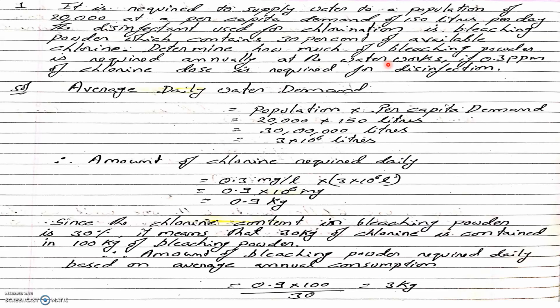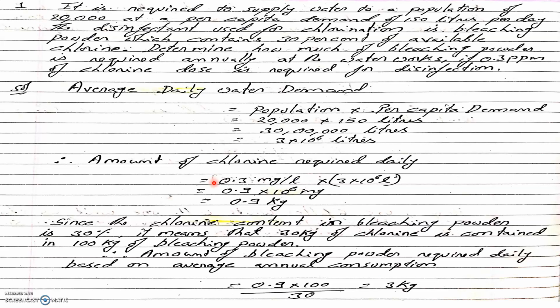The first step is calculating the total amount of water, because to calculate how much bleaching powder you require, you first need to know the amount of water. That is the population 20,000 into the per capita demand, so we have 3 into 10 raised to 6 liters. Next, you need to calculate how much chlorine is required per day.